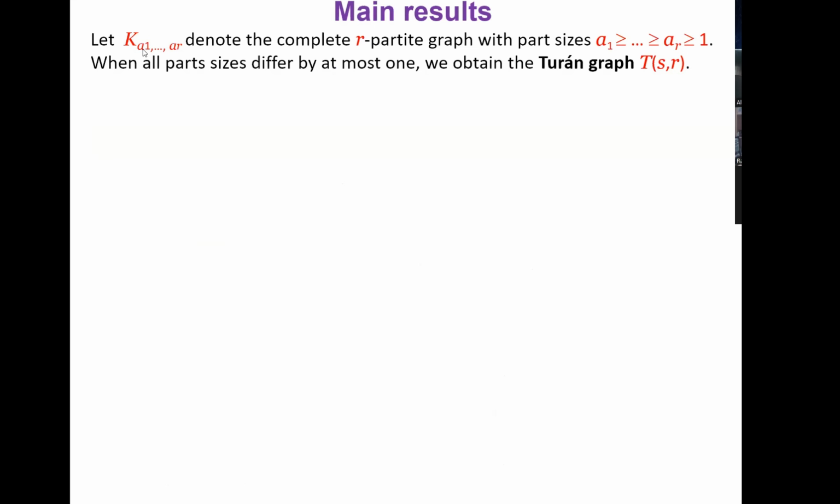So let me denote a complete partite graph in the usual way, K_{a_1,...,a_r}, where a_1 through a_r are the part sizes. We'll assume that they are non-increasing. When all part sizes differ by at most one, this is what we call, of course, the Turán graph. We usually denote the Turán graph by T(s,r).